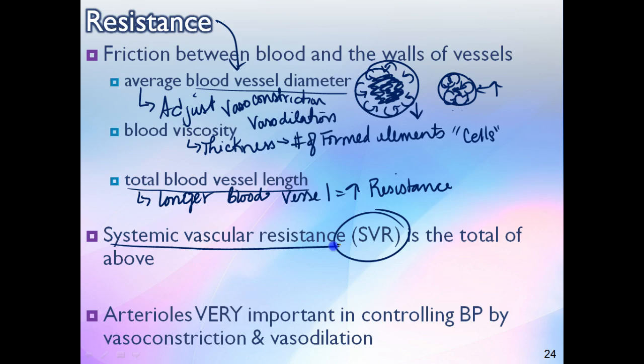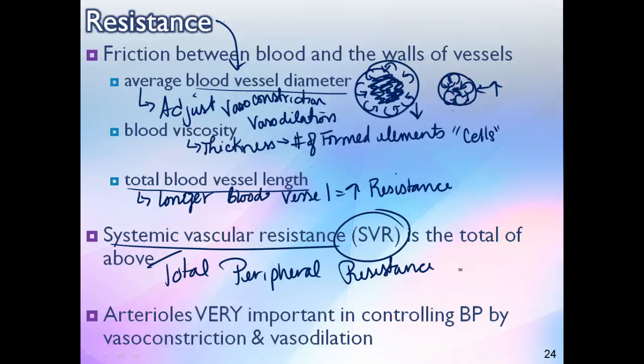Now, your book calls it SVR, or systemic vascular resistance, but you also sometimes might hear it referred to as total peripheral resistance. And again, this is just the sum total of all of these resistance factors, and your total peripheral resistance is directly related to the amount of force that needs to be exerted in order to overcome these issues.